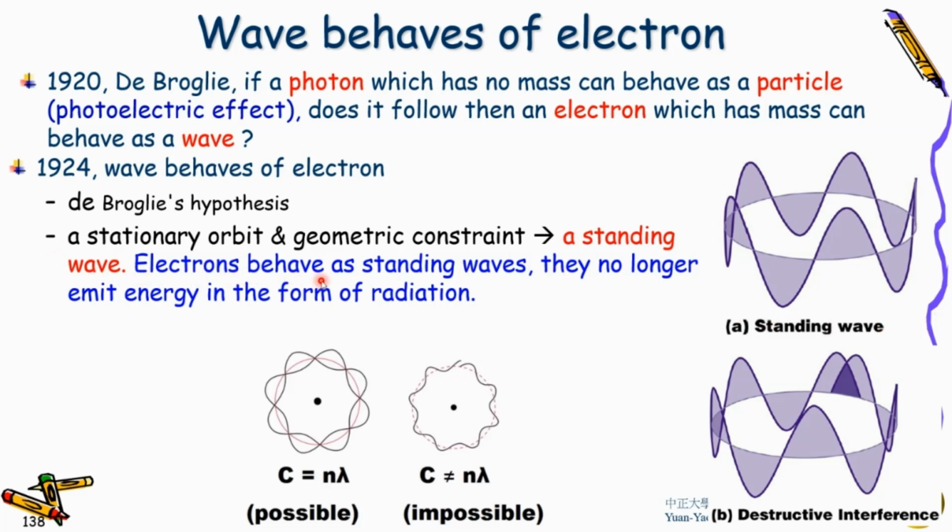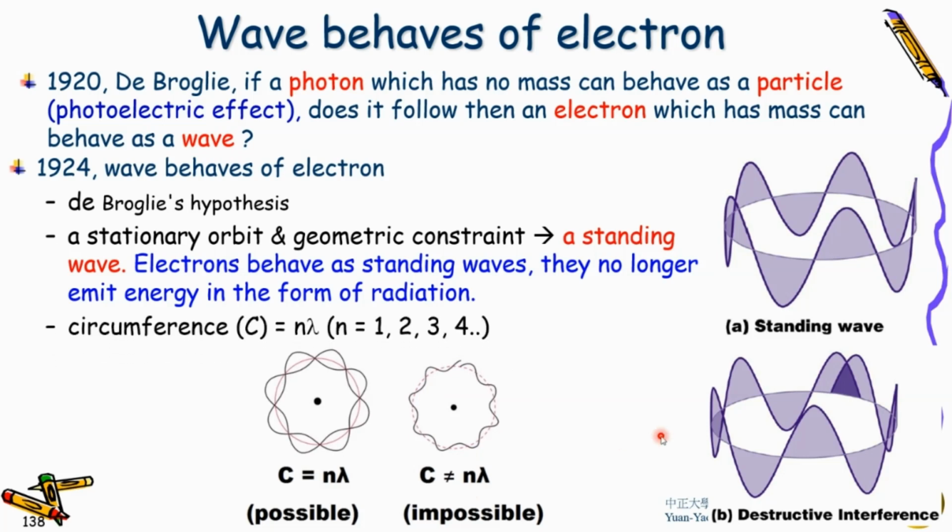So electron behaving as a standing wave no longer emits energy in the form of radiation. So if it needs to be like this, the path needs to be an integer number of wavelengths, n times lambda. If the path is not n times lambda, you lose energy.